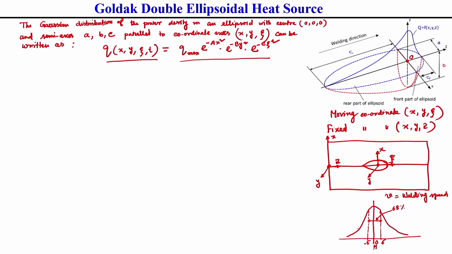Then after that 2 sigma, this 2 sigma generally has a percentage of about 95.5, somewhere it is written 95 itself. This is minus 2 sigma, this is minus 3 sigma, this is plus 3 sigma, and its shape is also bell shape.